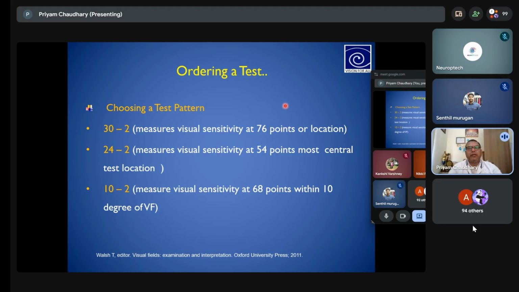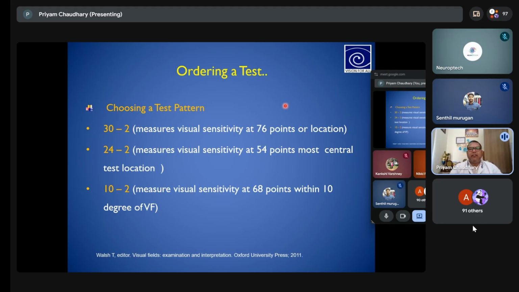Ordering the test. The neurological consultant sends 30-2. The 30-2 test has 76 localized points. Glaucoma people send 24-2 and 10-2, and neurological also send 30-2, and retina people also want to see the periphery in case of RP, so they also advise 30-2. 24-2 has 54 points and 10-2 has 68 points.